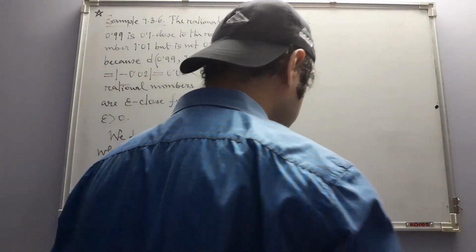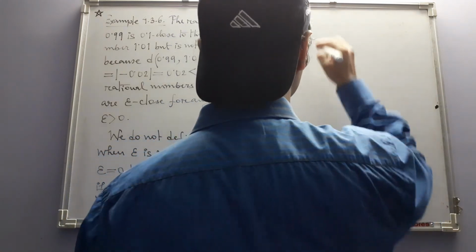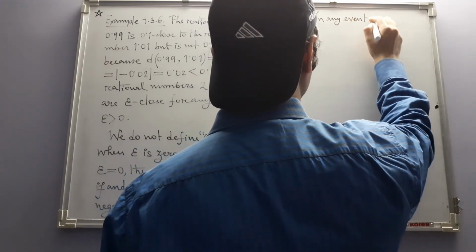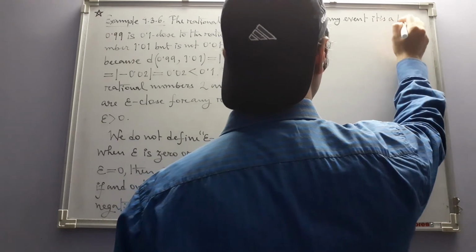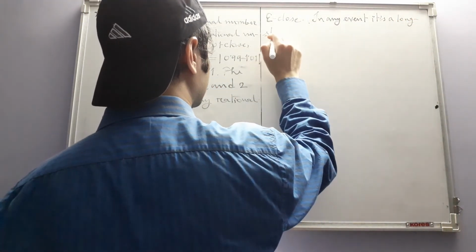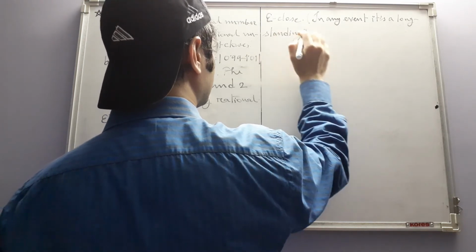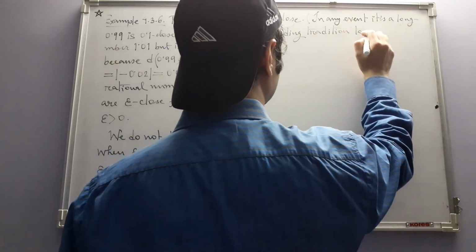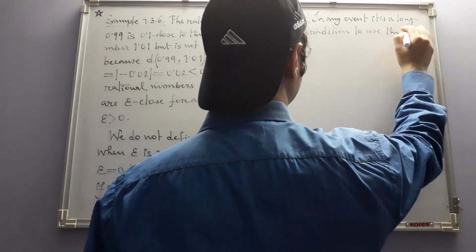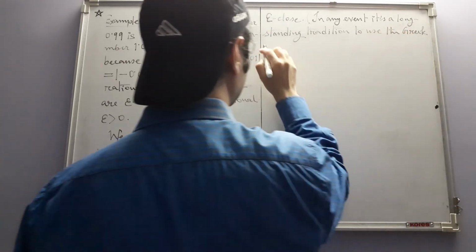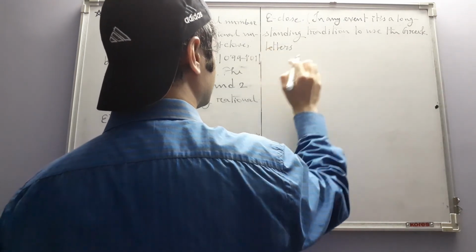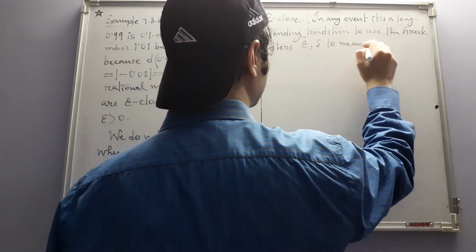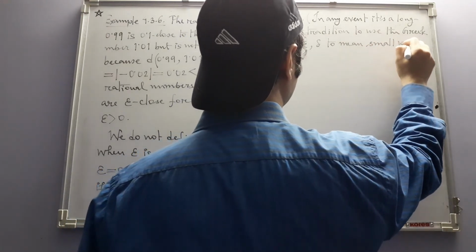There is something else also written in the text. In any event, it's a long-standing tradition to use the Greek letters epsilon and delta to mean small positive numbers.